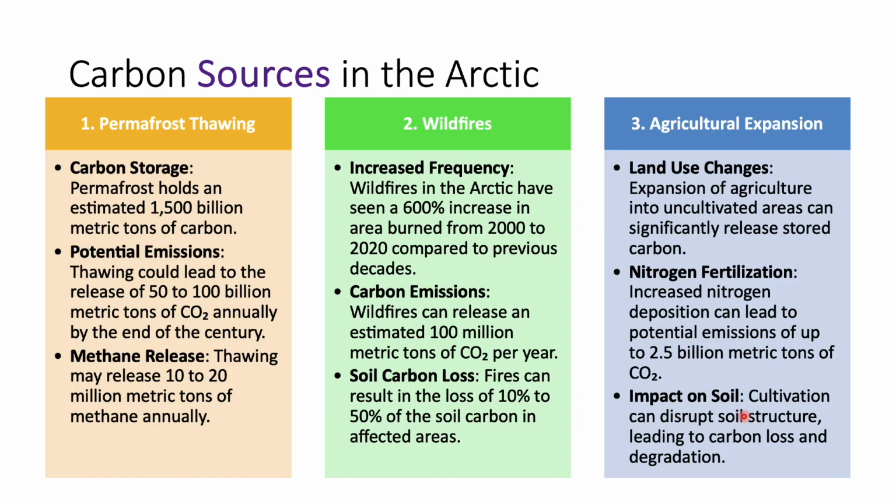How do we know? Because when more and more fertilizer is put into the soil, it increases the microbial activity, which leads to the release of more and more carbon dioxide from the soil. And what is the impact on the soil? The cultivation can disrupt the soil structure, leading to carbon loss and degradation. So these are all the major carbon sources in the Arctic.